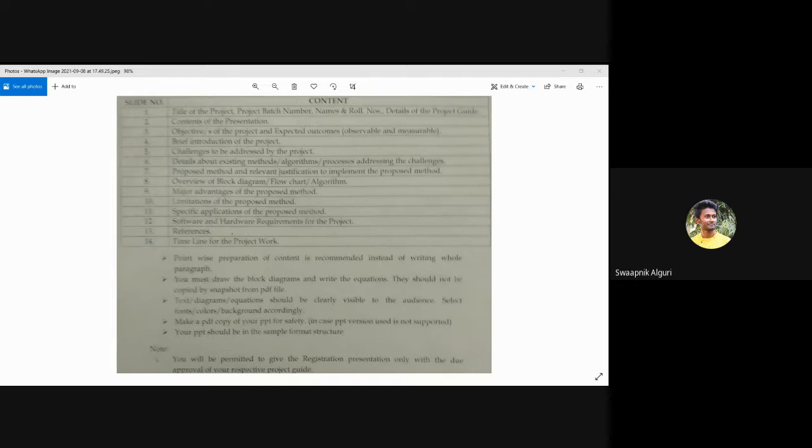Okay, sir. Sir, software and hardware requirements. I wrote software as MATLAB. Hardware is MAX hardware. You may provide information that in our research laboratory of E&I engineering, we have a pulse oximeter.